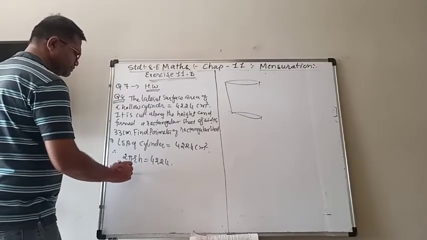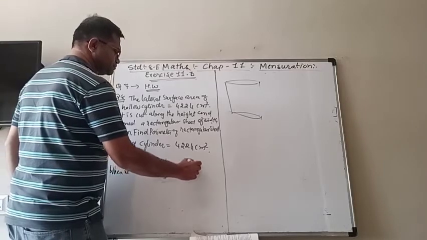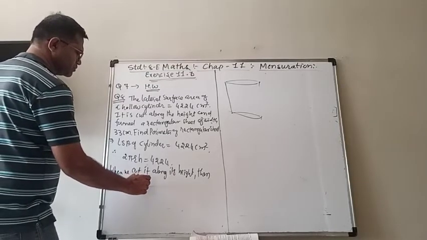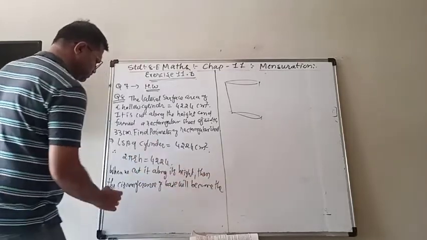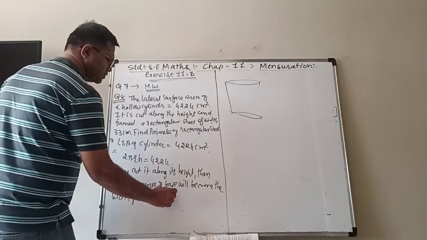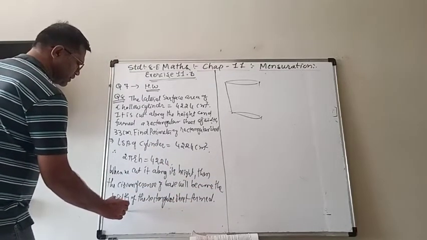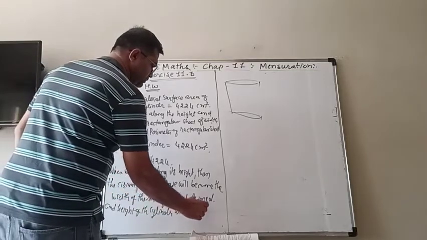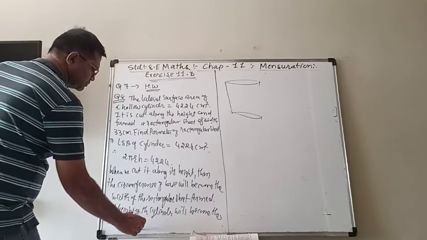When we cut it along its height, then the circumference of base will become the width of the rectangular sheet formed, and height of the cylinder will become the length of the rectangle.